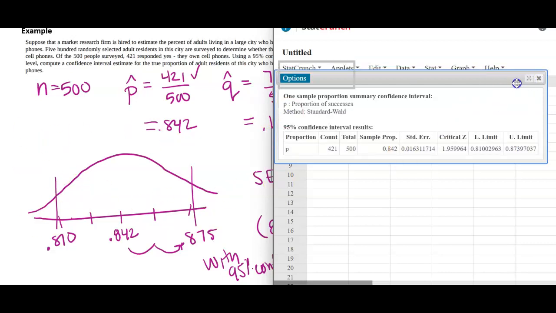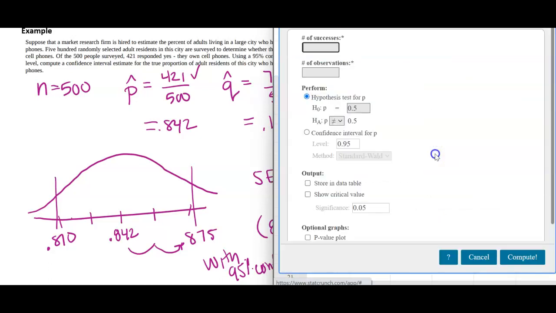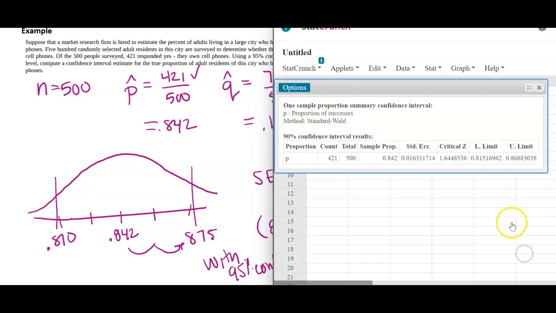But let's say this was a 90% interval instead, so I couldn't just use that rough estimate of 2 standard deviations. Notice that the critical score is what's lower. That's the only thing that's lower though. Everything else stayed the same.